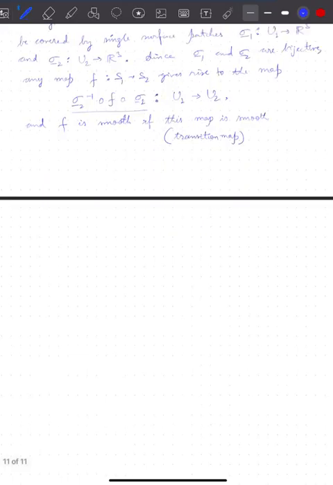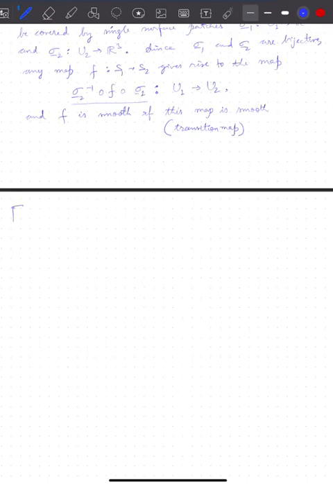And maybe just a slightly different way. Let me put it here like this. Say we are interested in smooth maps F, which map from S1 to S2, of course, and are bijective, and it's smooth, and its inverse map F inverse from S2 to S1 is also smooth.